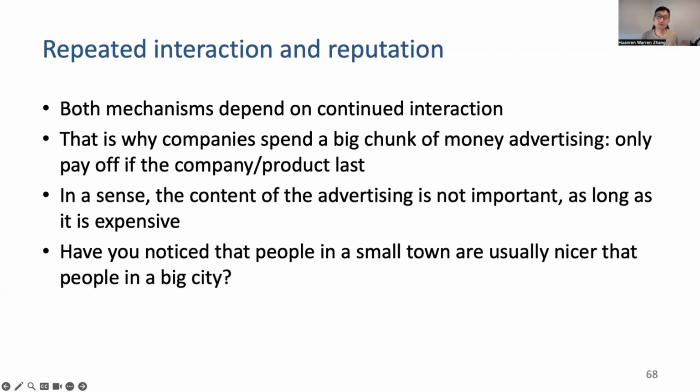So both repeated interaction, or this so-called direct reciprocity, and reputation, which is indirect reciprocity, work on this condition of repeated interaction, right? So those are the three mechanisms that can solve the prisoner's dilemma and help to establish cooperation, right?